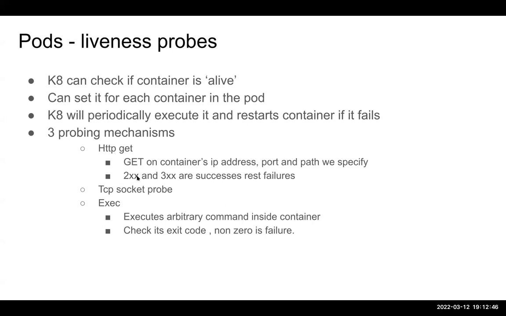HTTP status codes of 200 and 300 are normally considered successful. But if it goes into 400, like 404, or 500 internal server error, anything other than 200 and 300 is considered a failure. There's a TCP socket probe also. You can set those also. We are not going to set this up.